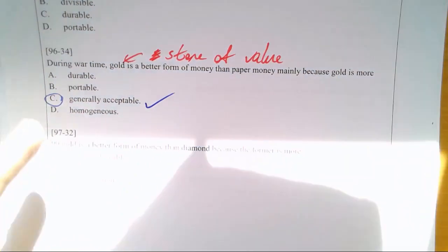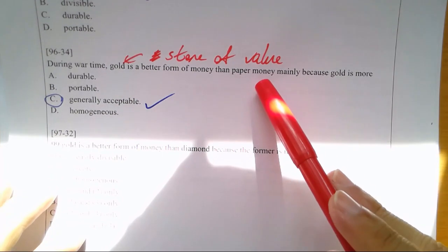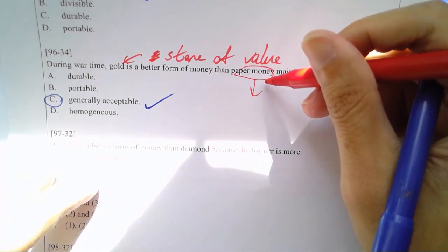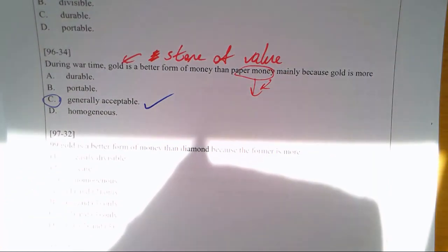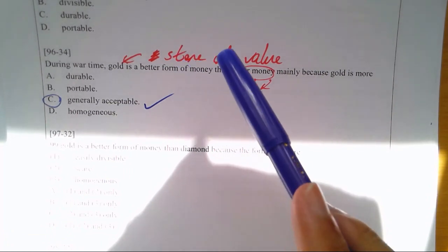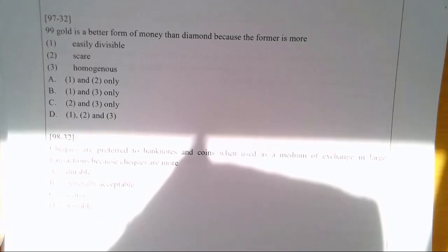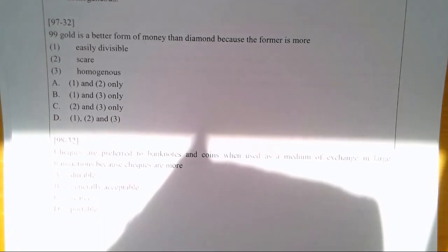Now during war, you get some paper money, their value will drop by a lot. While gold, usually when you don't keep money, you buy gold just to have a more stable value. Okay, 好嗎?